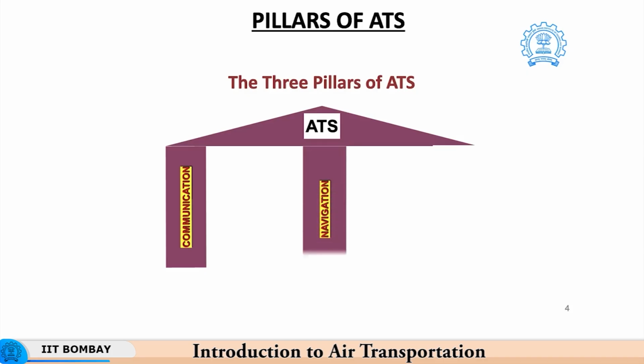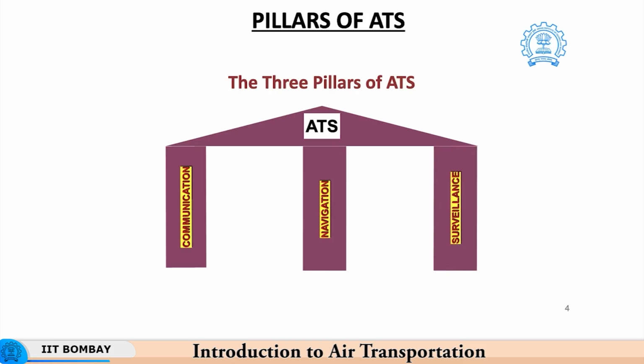The second pillar, that is navigation, basically covers the technique that is implemented by the aviator to carry out the overall planning and on course correction, so that the flight can be carried out in an efficient manner, so that the related fuel and time consumption is minimized as much as possible.